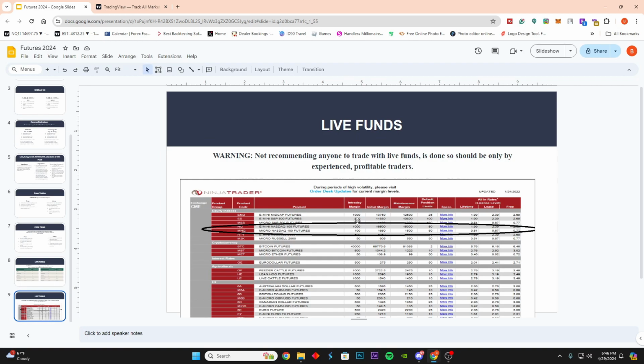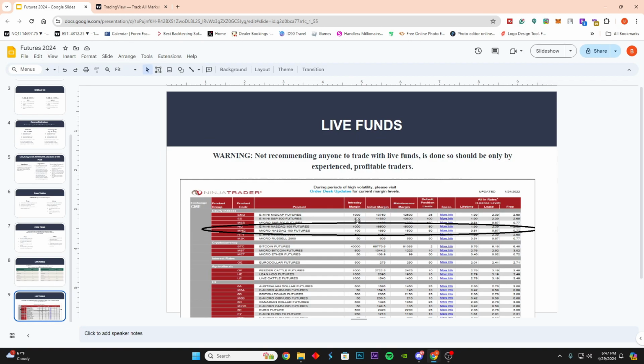For example, an intraday margin would let you trade from 9:30 New York time, which is the open of the New York stock market, till about 4:15, which is 15 minutes after the close. These discounted brokerages offer people a way to trade with live funds at a much lower cost, which is nice if you are a profitable trader and don't have as much money to put up for margin.